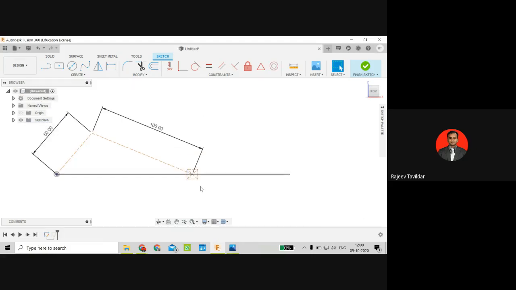Now I'm going to draw the position of the same crank slider mechanism when the slider is going to move towards the extreme right position. As I said, that can happen only when the crank and the connecting rod come along the straight line. So let me draw first the crank, which is of 50 mm, and then let me draw the connecting rod, which is of 100 mm.